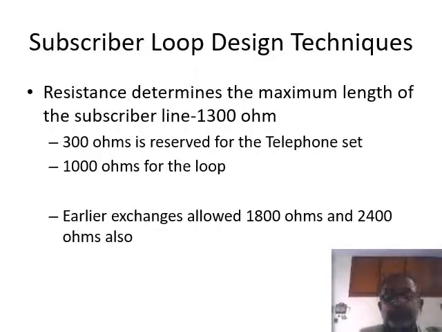But right now, since we do not have to send our signal to very far off places as we had to in earlier days, we can have a 1300 ohms restriction, which is quite good. Also, the quality of the cables has improved, and we can send the signal to the farthest ends.